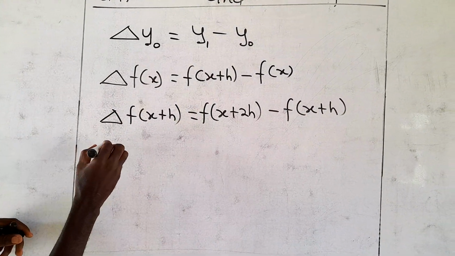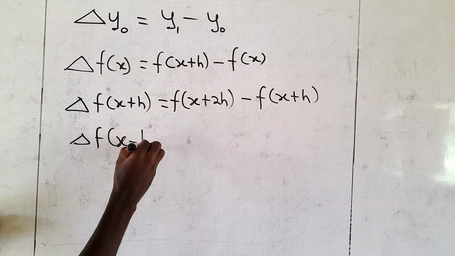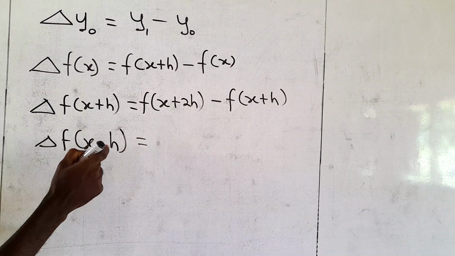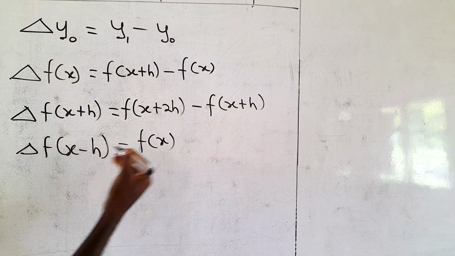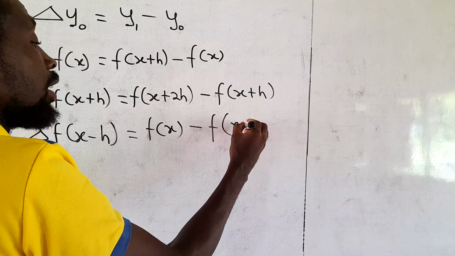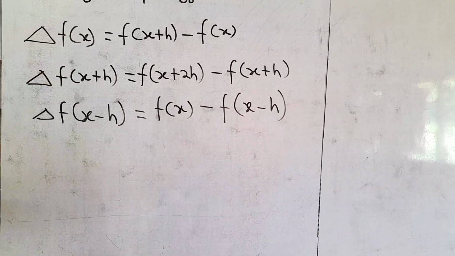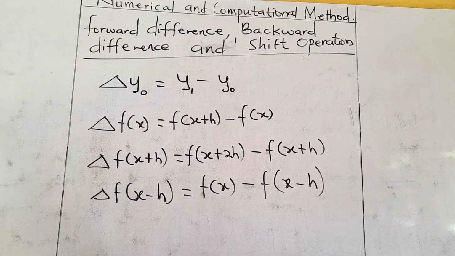The same way, if I want to find delta of a function of x minus h, it will be equal to the function that is greater than it, which is f of x, minus the function itself, f of x minus h. I hope you get that. So this is how the forward operator works.